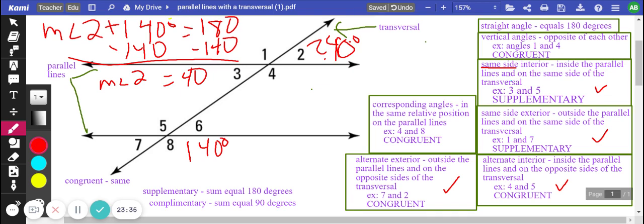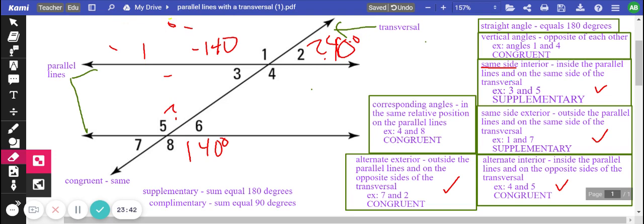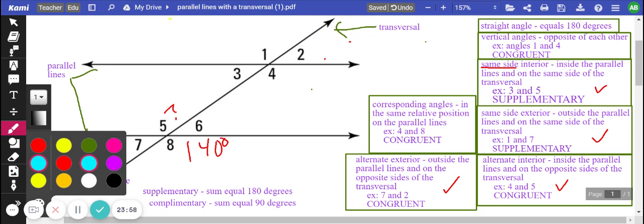Now what if it tells me to find the measure of angle 5? We can look at all of our rules for the measure of angle 5 as well. The measure of angle 5 and the measure of angle 8 are congruent. So that means that the measure of angle 5 must be 140 degrees.